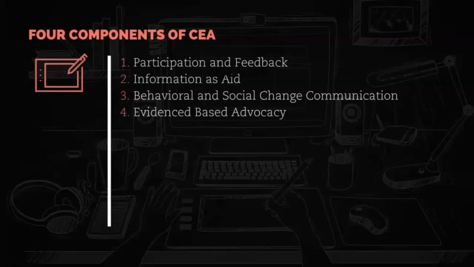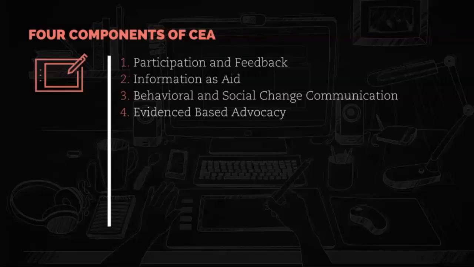In evidence-based advocacy, we have to present an issue and explain why it matters. We also have to include possible solutions, and we have to tailor the message to the target audience.